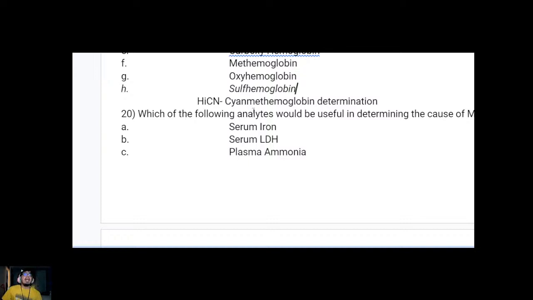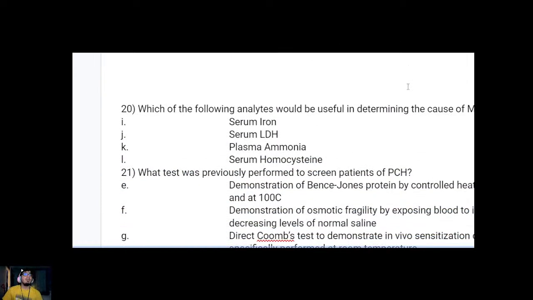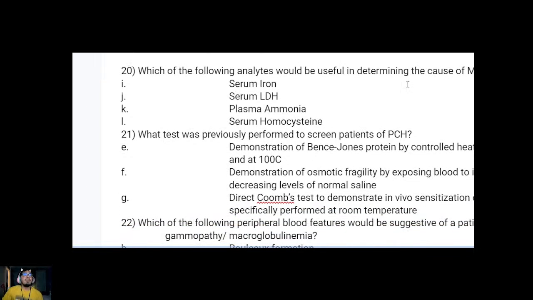Which of the following analytes would be useful in determining the cause of macrocytic anemias? Serum iron, obviously not. Serum LDH, kind of, but not really. Plasma ammonia, no. The most important one is homocysteine.